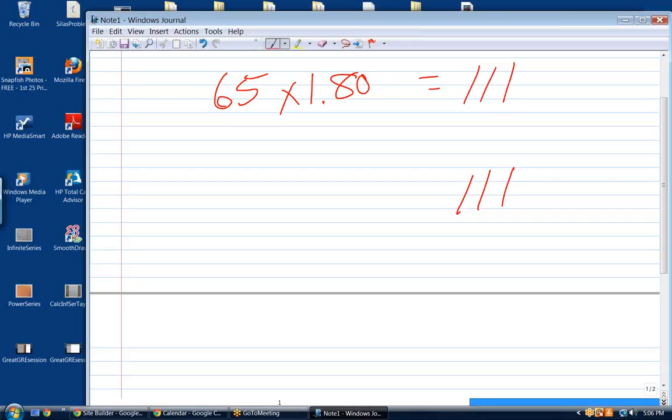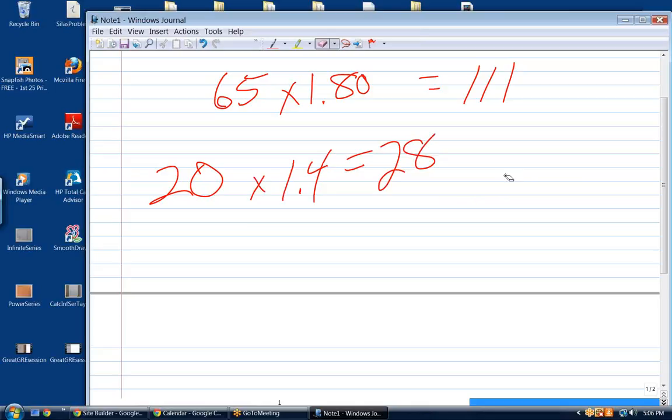So if I said increase something by 40%, what would you multiply it by? Increase 20 by 40%. What was it going to be equal to? Would I multiply it by 1.4? Yeah. And that would be equal to 28. Okay. All right. What's your next problem?